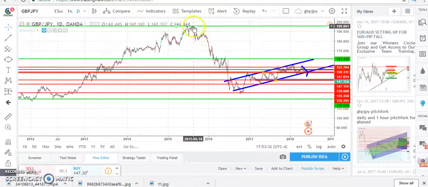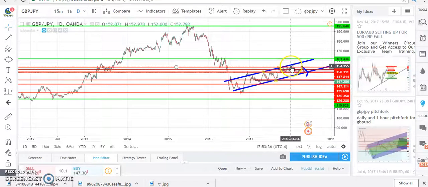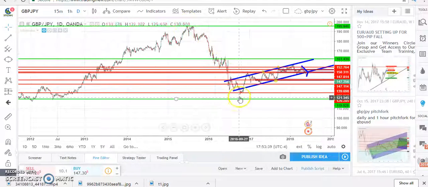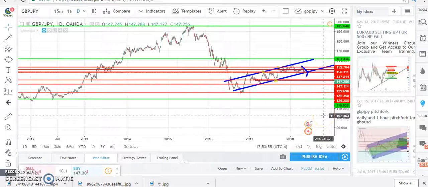We have an impulse move from the top, shot down, and then it's creating a flag. Being that we have the impulse down, and this is a long flag, as long as this flag does not come above 50% of the impulse, it's still a valid flag. When you get an impulse down and a flag pattern up, what you're looking to expect is another impulse down.